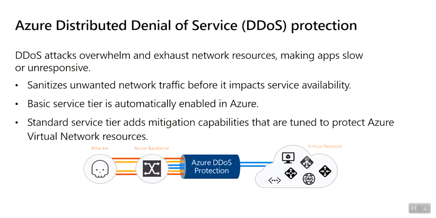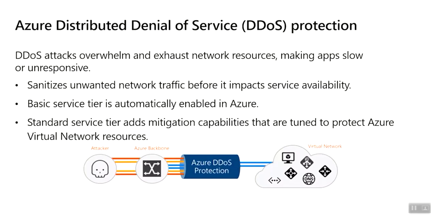Now there are two tiers when it comes to the DDoS protection. You have your basic tier. Now this is automatically included with Azure. So you don't have to worry about setting up your DDoS protection. That is coming right to you. But there is also the standard service. Now the standard service is not automatically included.